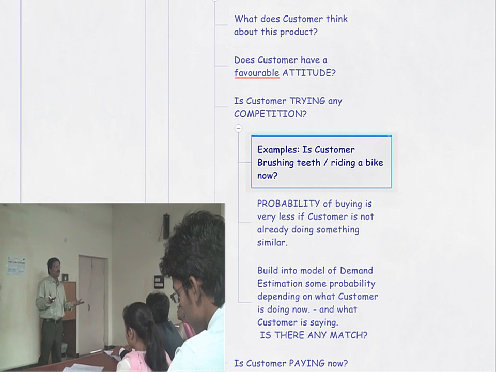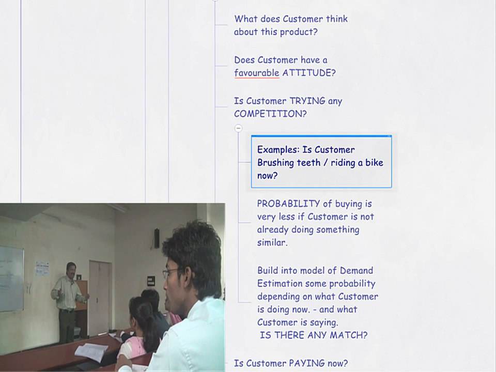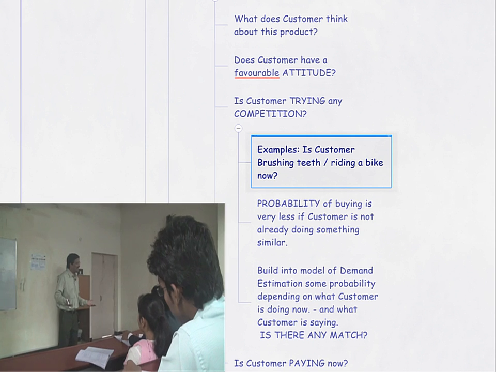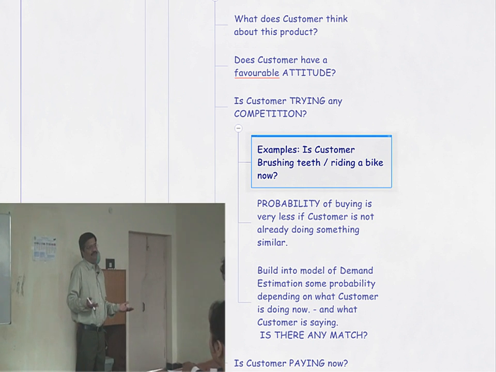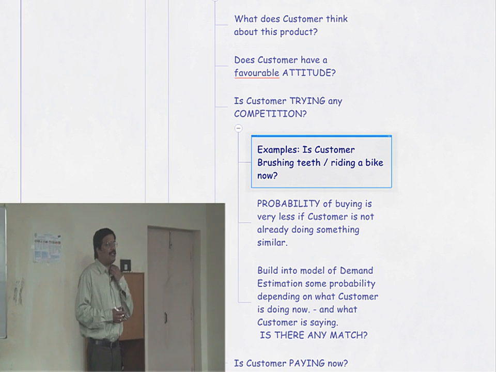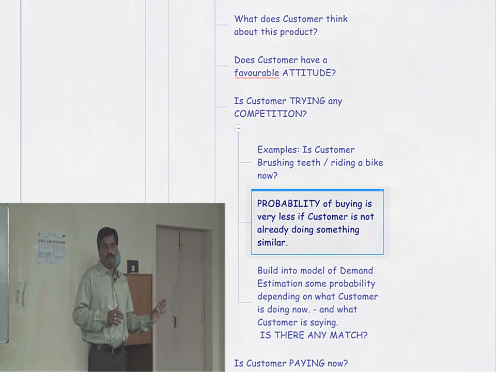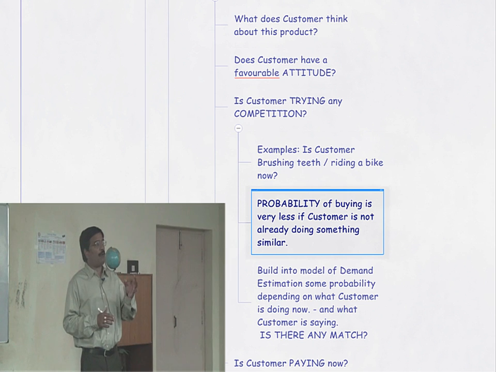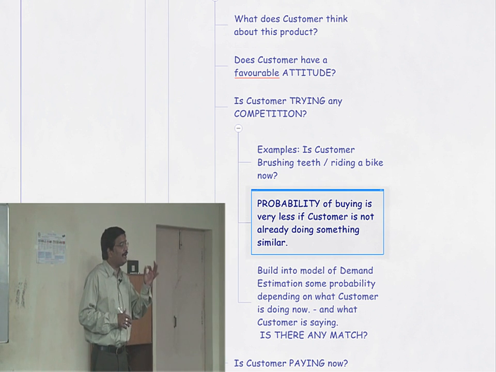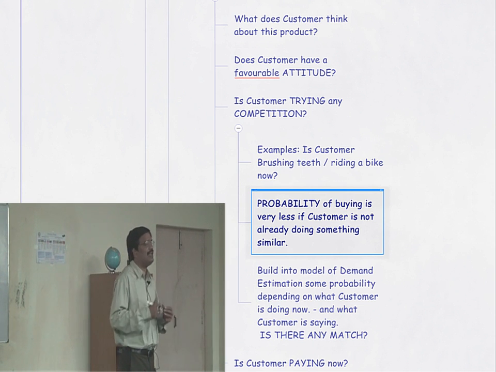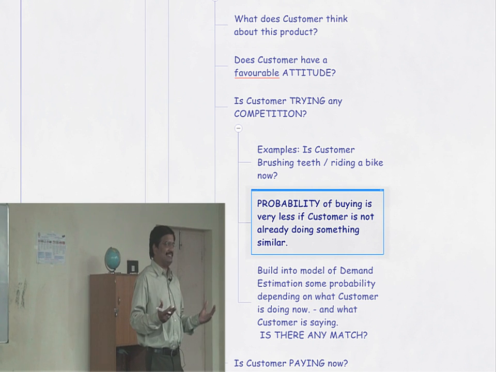If you are saying, I want to buy a bike, at least you should be riding a cycle. Now if you're not even riding a cycle, the probability that you will actually buy a bike, you may buy. Nobody can say that no, you will not buy. We're talking about probability. The probability of your buying a bike when you are not even riding a cycle is very less. Okay.